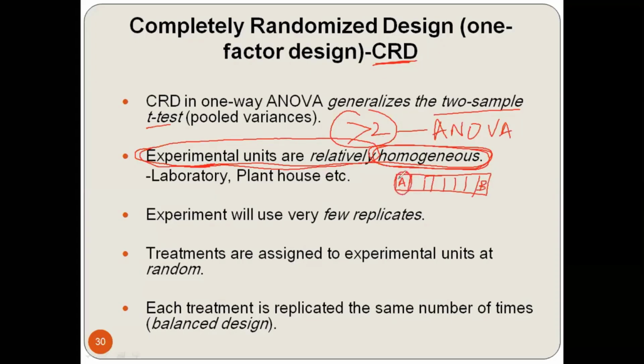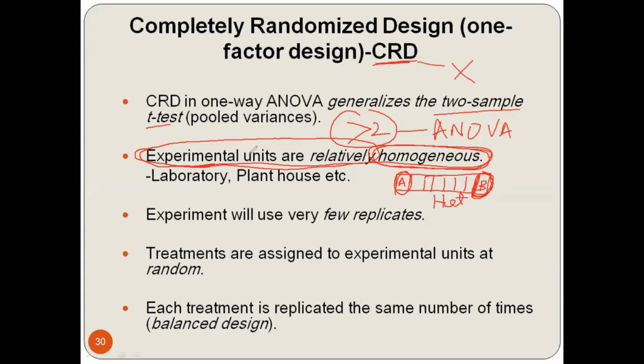So this location has a different fertility, etc., compared to location B. So these 2 locations have different conditions. So this is the heterogeneity condition. For the heterogeneity condition, this design, CRD design, cannot be applied.